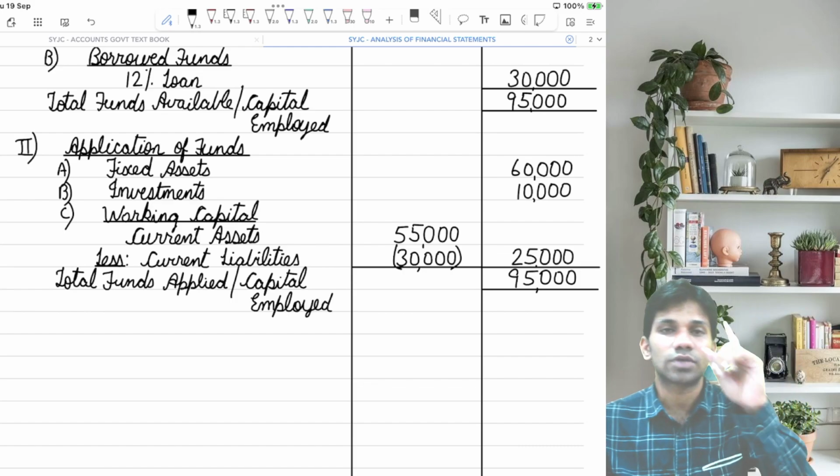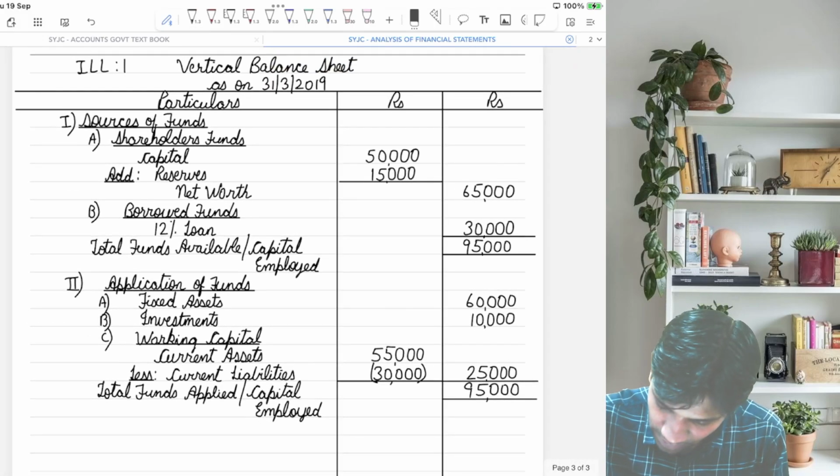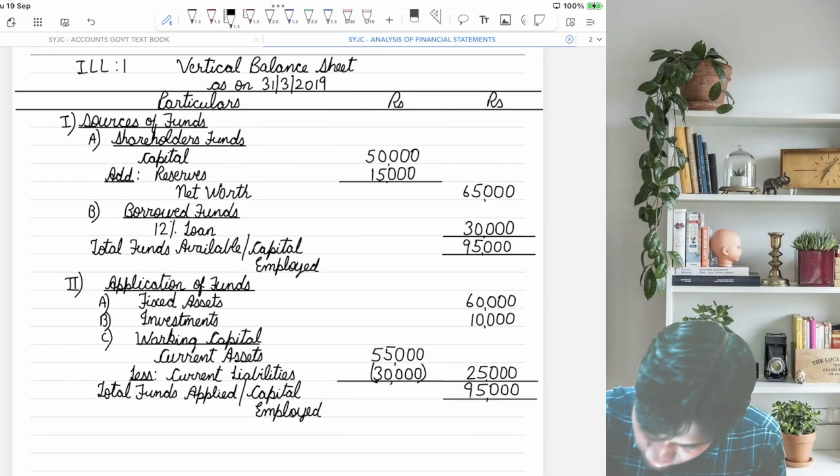That's it. This is illustration 1 of your textbook. I hope it is very clear. Let me do this formatting properly.